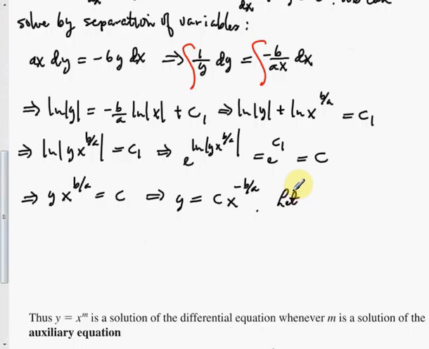Now, if you let m equal to negative b over a, this implies that y is equal to c times x to the m.